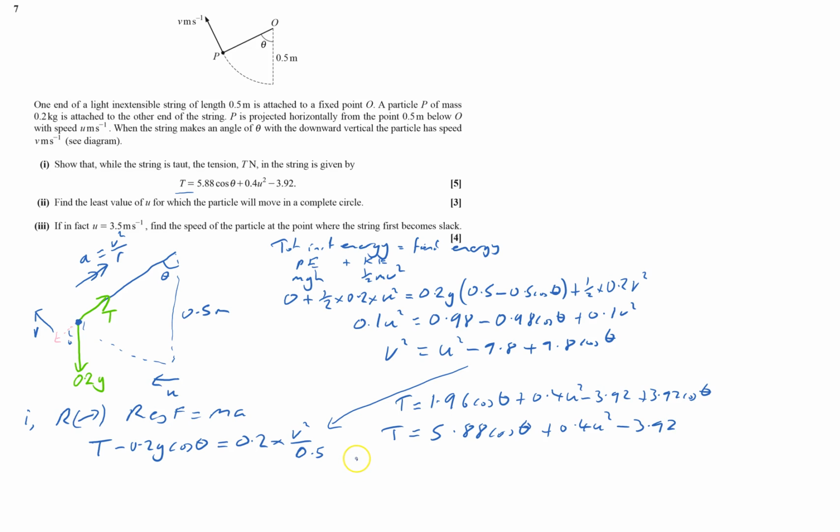Let's see if I can put the second part down here. So part 2, I can do it in a different colour, I'll do it in red. Part 2 wants us to find the least value of u for which the particle will move in a complete circle. And therefore T must equal 0 when it's at the top. Theta at the top will be 180 degrees, pi radians.